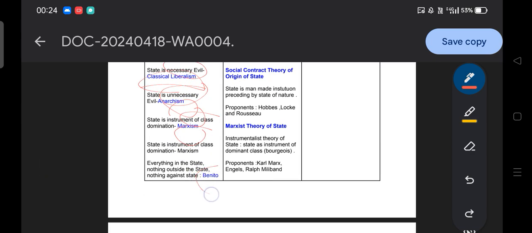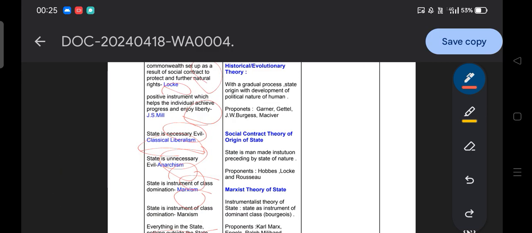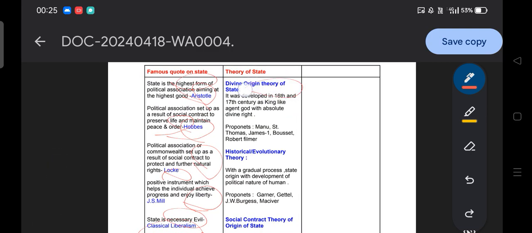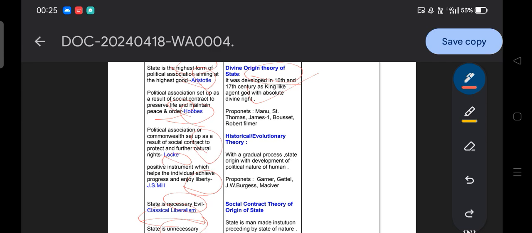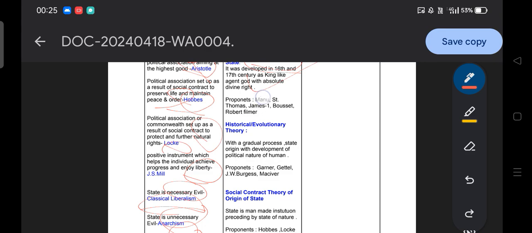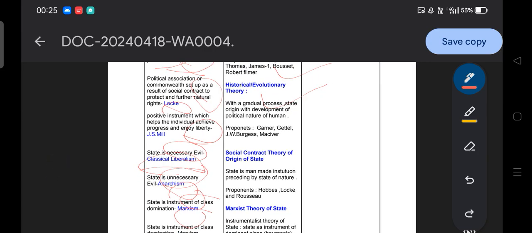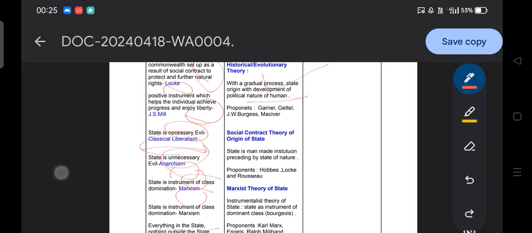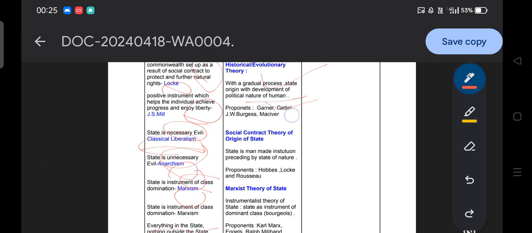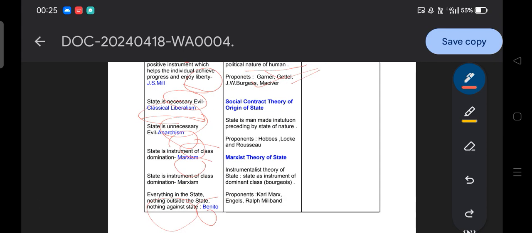Benito Mussolini: everything in the state, nothing outside the state, nothing against the state. Divine origin theory of the state: the king is an agent of God. Scholars: Manu, Saint Augustine, James I, Bossuet and Robert Filmer. Historical theory: the development of the political nature of humans; scholars Garner, Kettle, Burgess and MacIver.